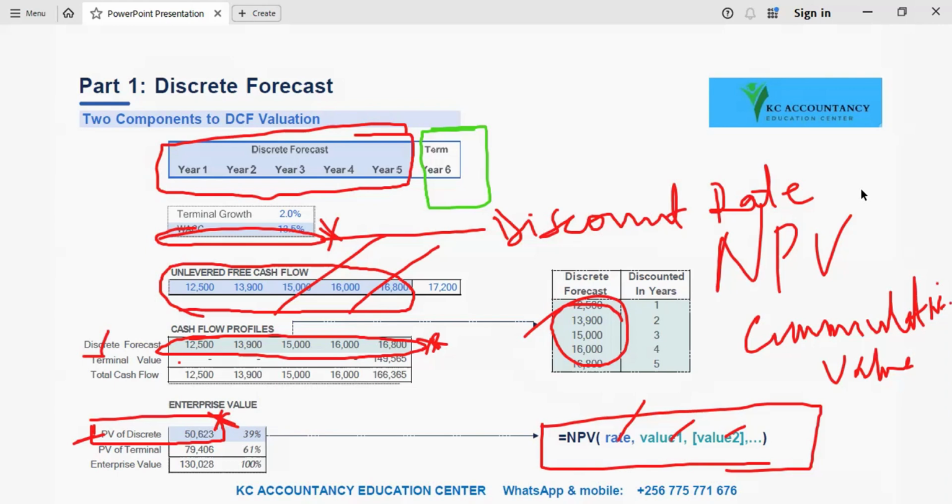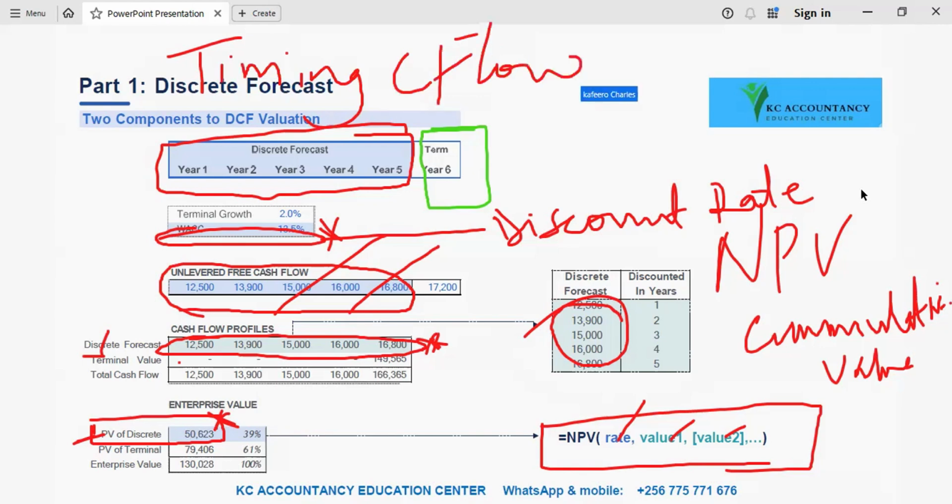Now, the NPV function asked us about the discount rate and about the values, but it never asked us anything about the timing. And we said the timing of the cash flows is really important.